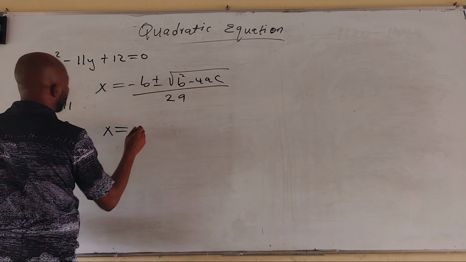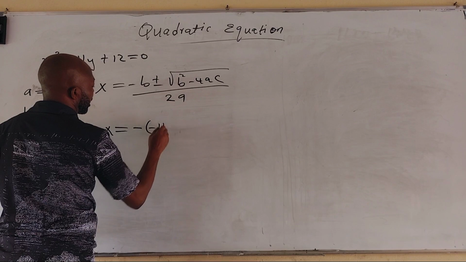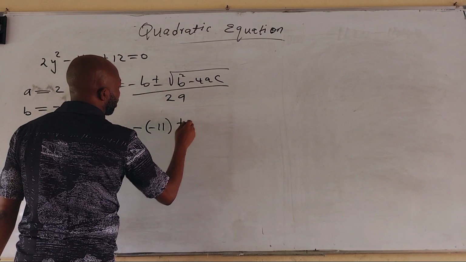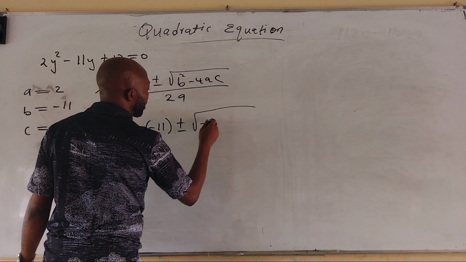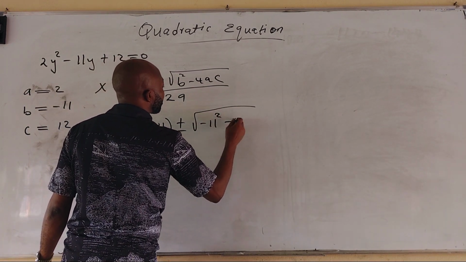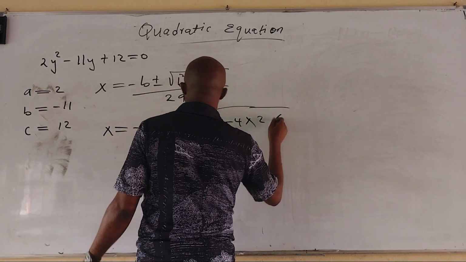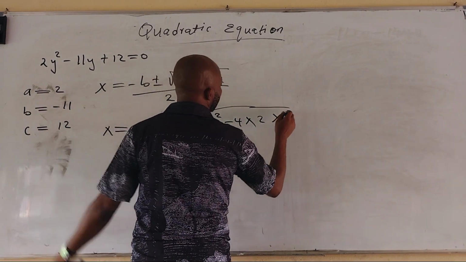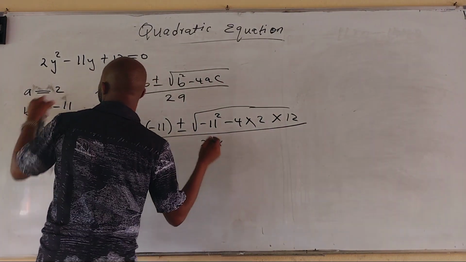X is equal to minus b is minus minus 11, plus or minus the root of b squared, which is minus 11 squared, minus 4 times my a here is 2, times my c is 12, all over 2 times a, which is 2.